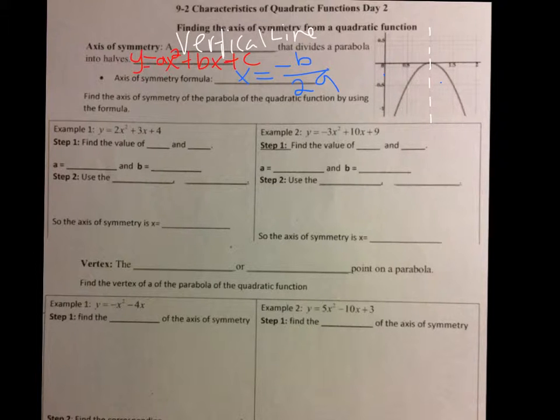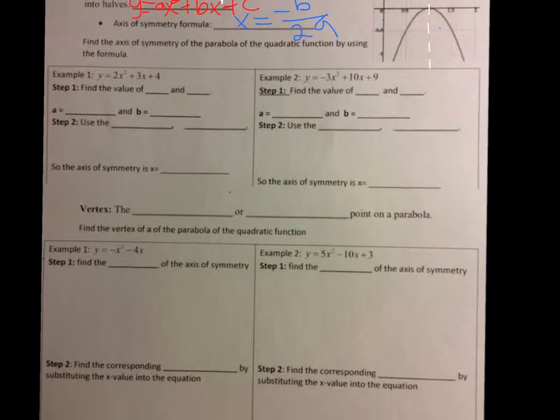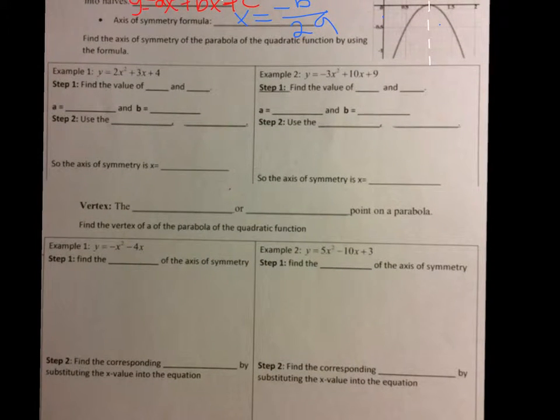So I'm going to slide this up for just a little bit so we can see this. Example 1 says we have y is equal to 2x squared plus 3x plus 4. Step number 1, to find the axis of symmetry, you want to find the value of a and the value of b.